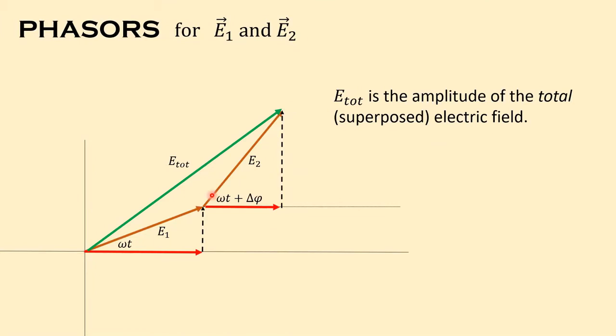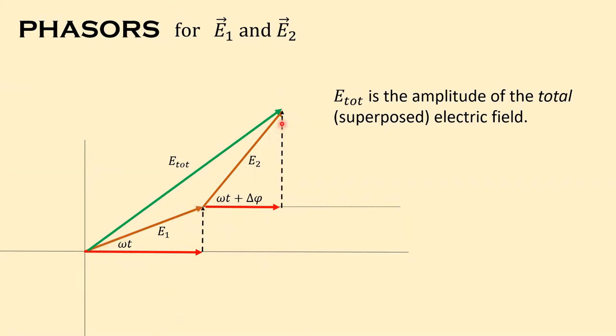So here's the idea. We would like to know the sum of the horizontal projections at any time, because remember, the horizontal projections are the actual values of the field. So if you want the total field strength at any moment in time at field point P, you'd have to add up the fields from each source individually. But check this out. What we'll do instead is first find the total phasor.